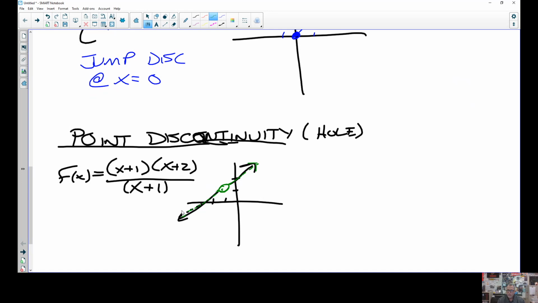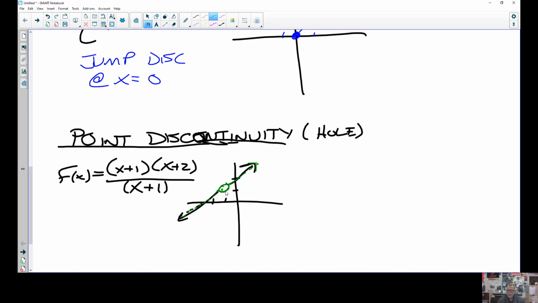So again, we're looking at this just like we did in the last one. As x approaches -1 from the left, the y value approaches 1, but it doesn't ever hit it. As x approaches -1 from the right, the y value approaches 1, but never hits it.